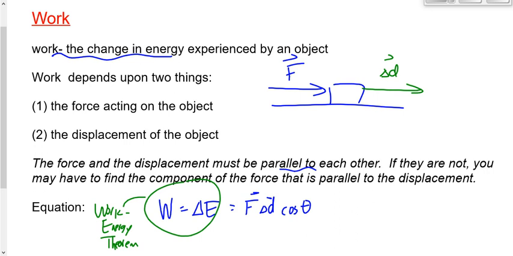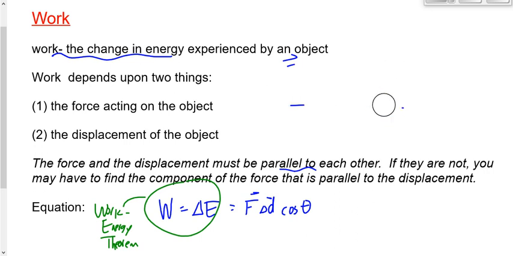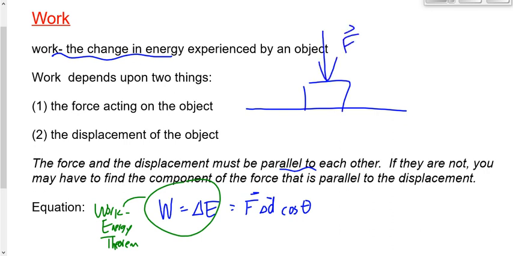How about this one? Let's say that I push on this desk straight downward, like this. Here's the desk. I push downward on it. But let's say for whatever reason, it's moving this way.